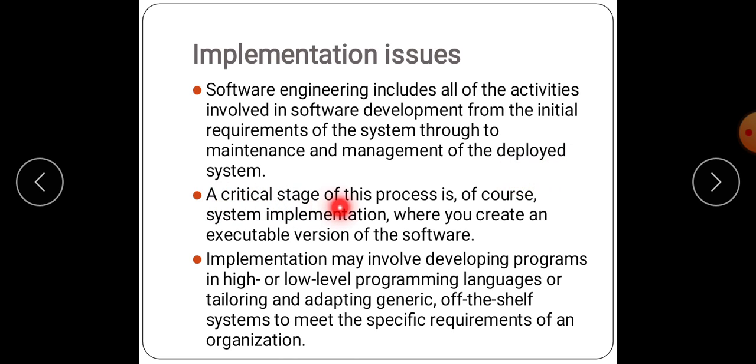A critical stage of this process is, of course, system implementation, where you create an executable version of the software. Implementation may involve developing programs in high or low level programming languages, or tailoring and adapting generic off-the-shelf systems to meet the specific requirements of the organization.